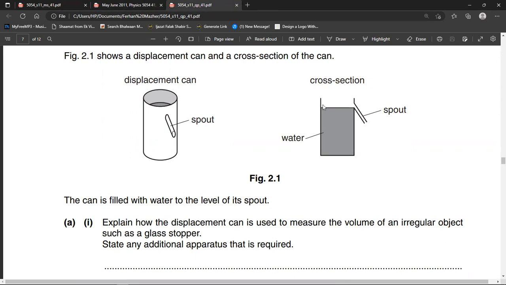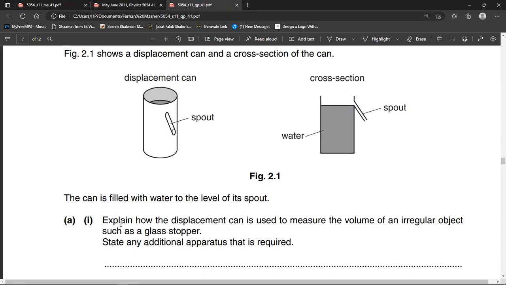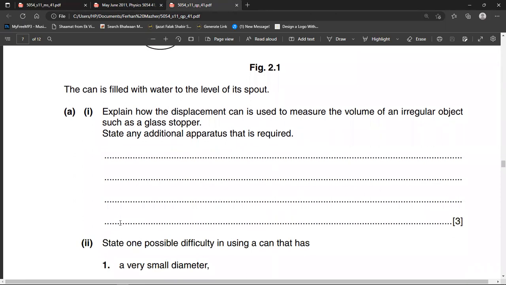The can is filled with water to the level of its spout. Explain how the displacement can is used to measure the volume of an irregular object, such as a glass stopper. State any additional apparatus that is required.